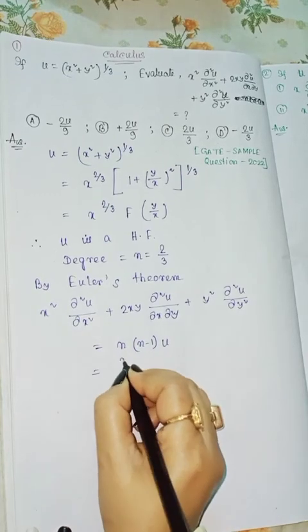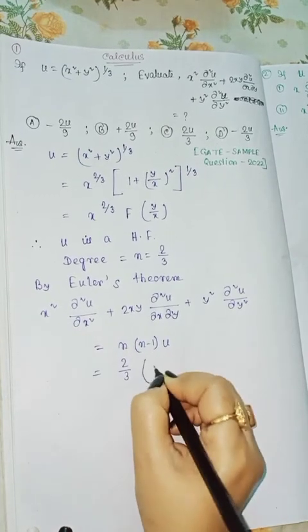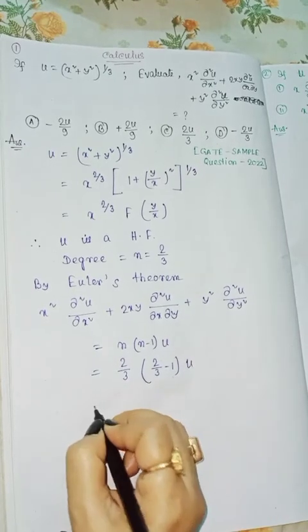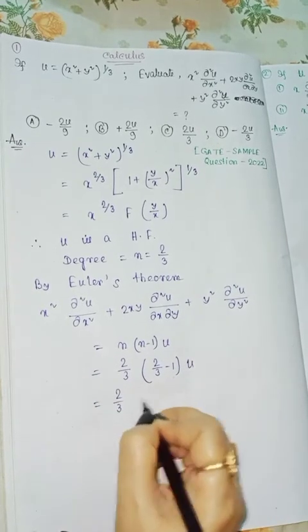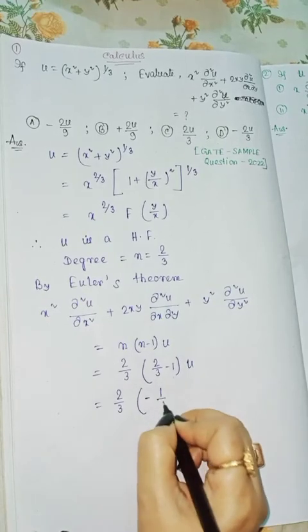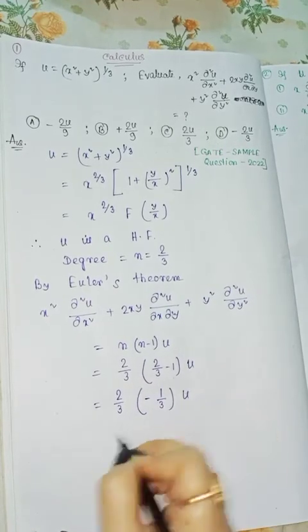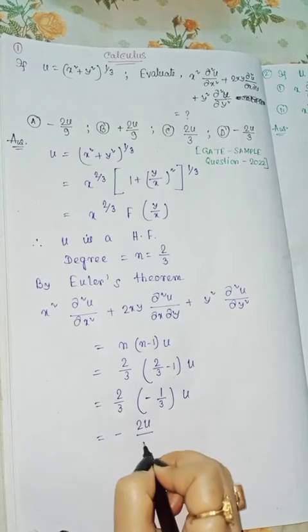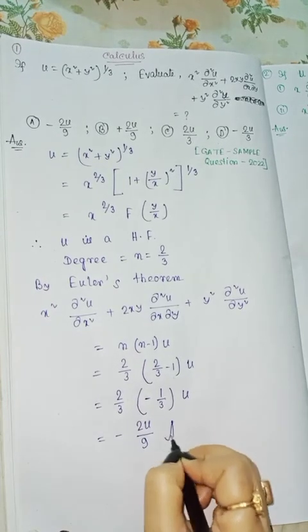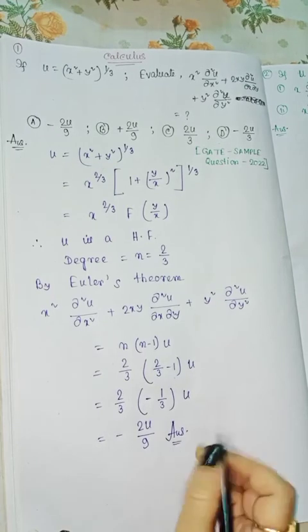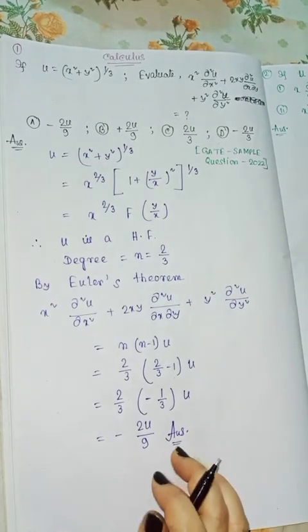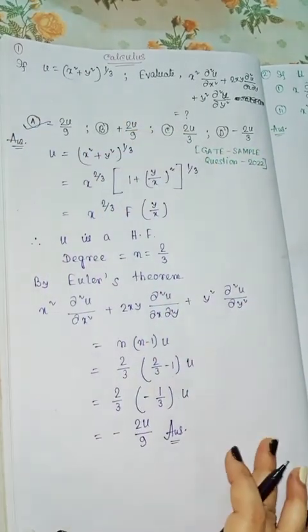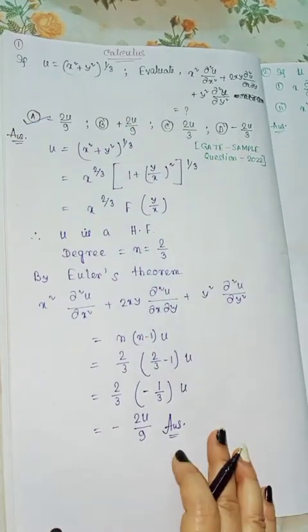So that is equal to 2/3 into (2/3 minus 1) into u. So that is equal to 2/3 into minus 1/3 into u. That is equal to minus 2u/9. So we reached our required solution, and our correct option is option A. So this is the whole solution of question 1.